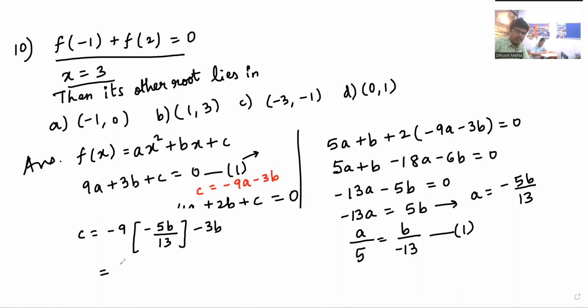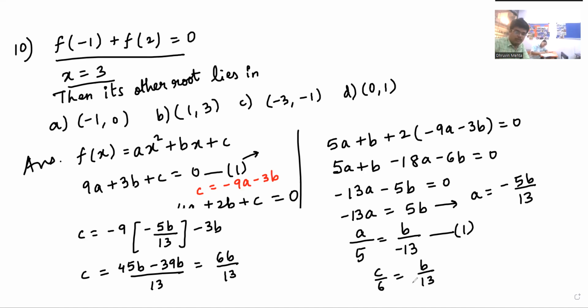So this is equal to 45b minus 39b by 13, which is 6b by 13. So from here we will get c upon 6 is equal to b upon 13.